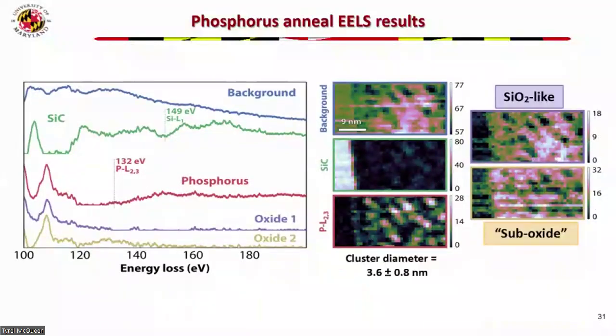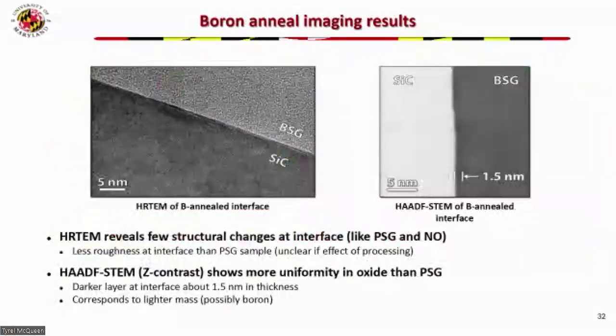One of these is more like SiO2, and this is like a sub-oxide layer, right? But we can see these clusters of about 3.6 nanometers in diameter.